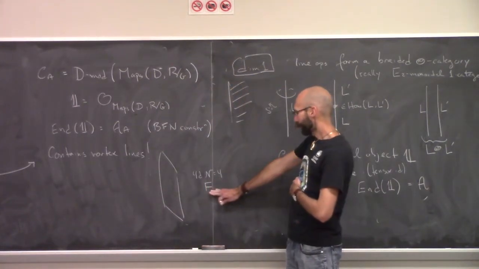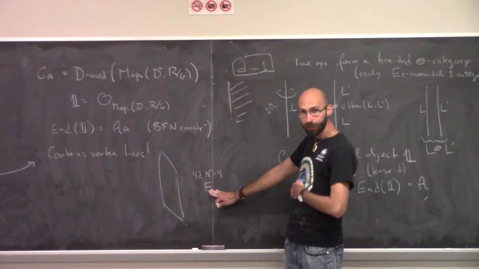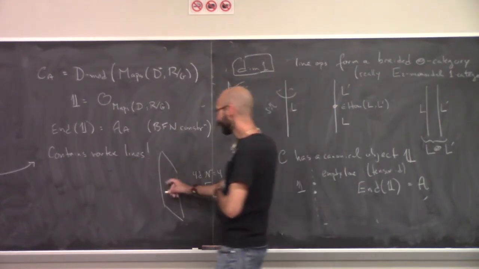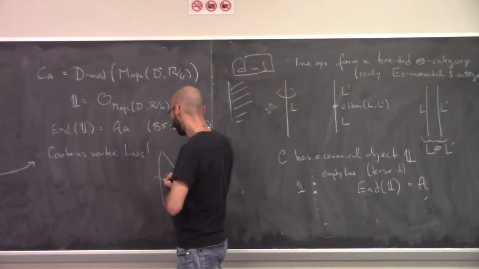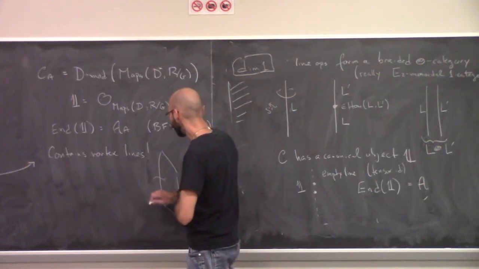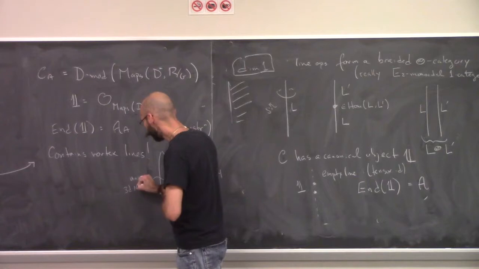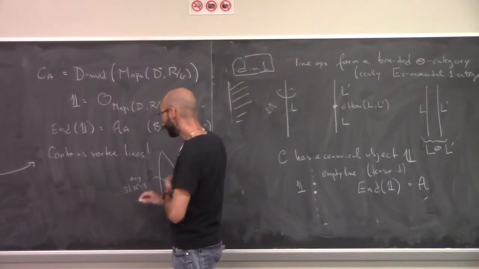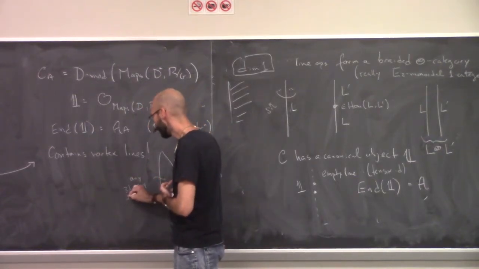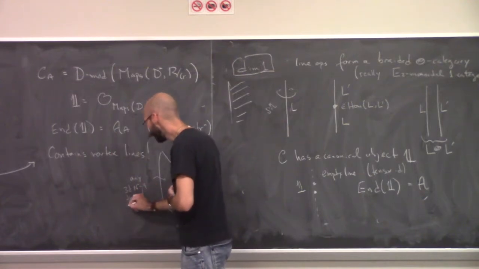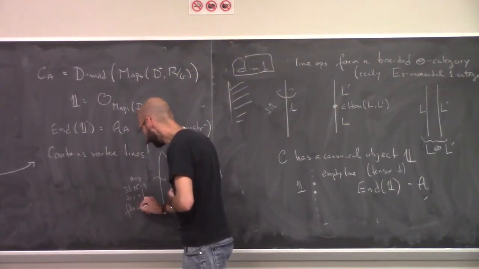Given 4D N=4 super Yang-Mills with gauge group F, one can attach any 3D N=4 theory with flavor symmetry F.